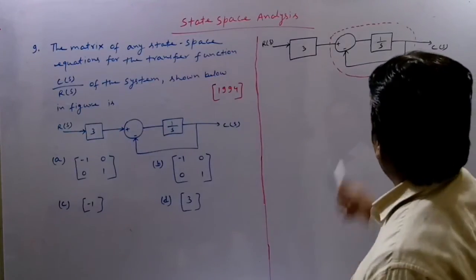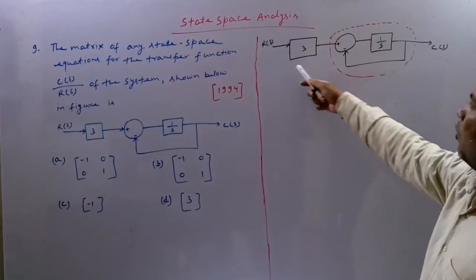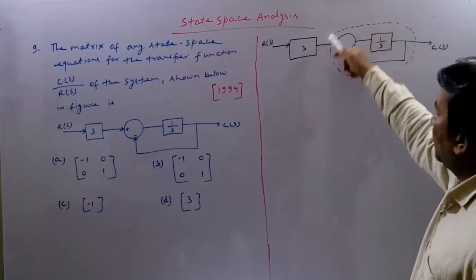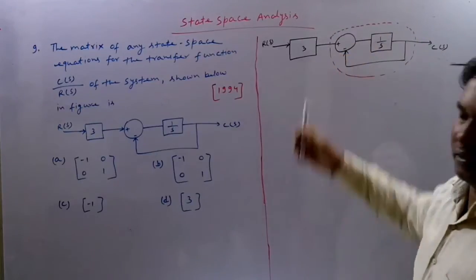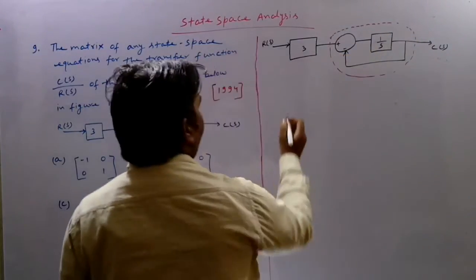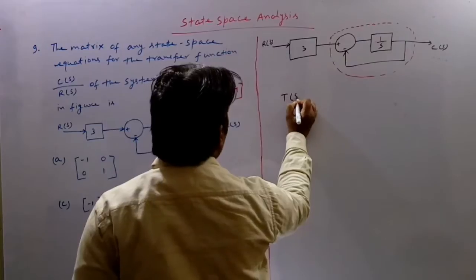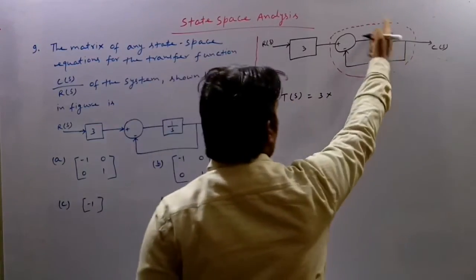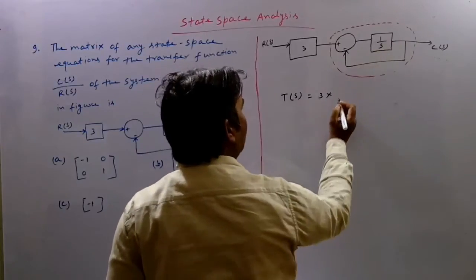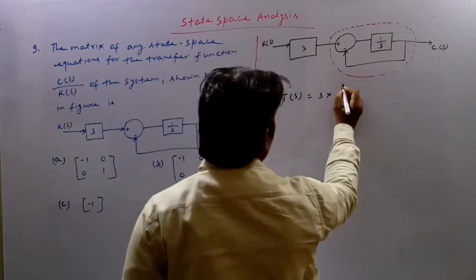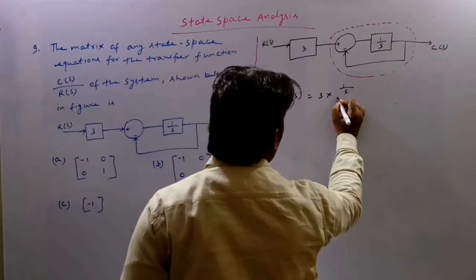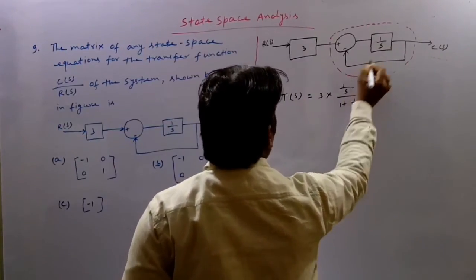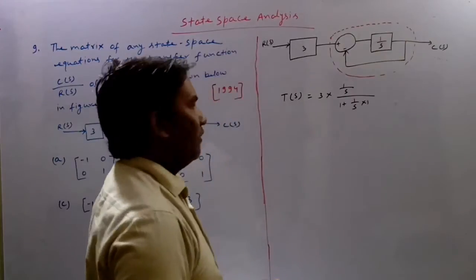So now we can write the transfer function of the whole system as 3 multiplied by the transfer function of this dotted system. So transfer function T(s) is equal to nothing but 3 multiplied by the transfer function for this system. The system between dotted line is G(s), means 1 by s divided by 1 plus G(s) into H(s), and H(s) is 1, since it is unity feedback system.